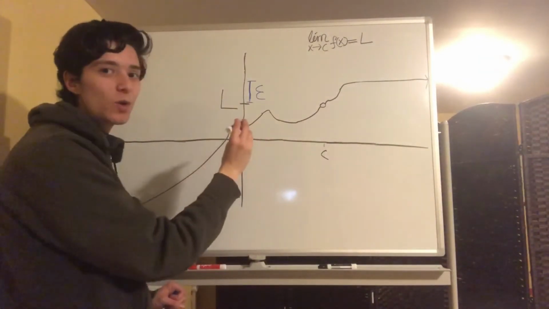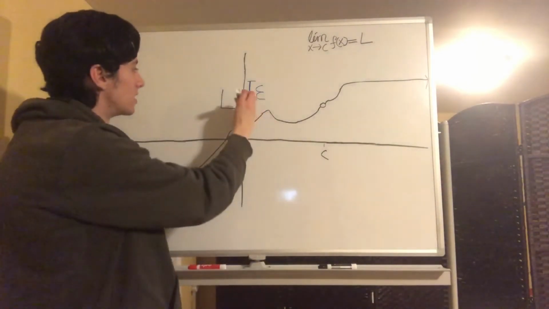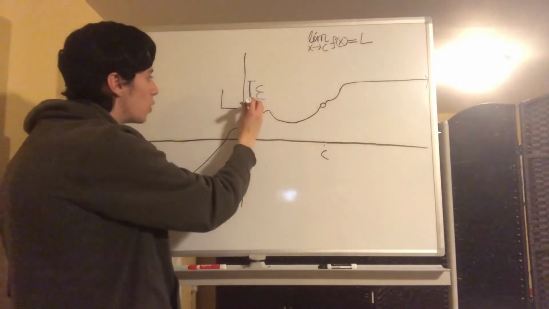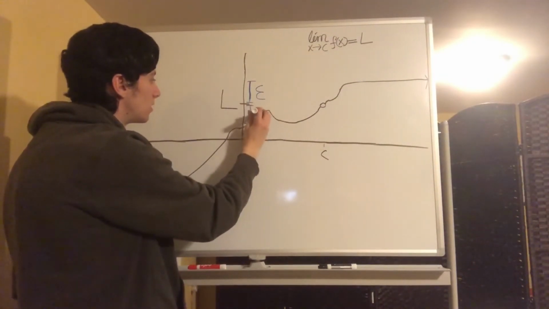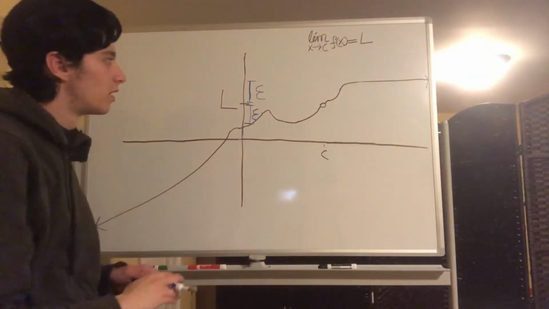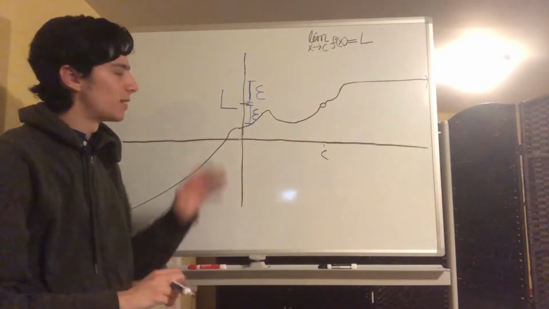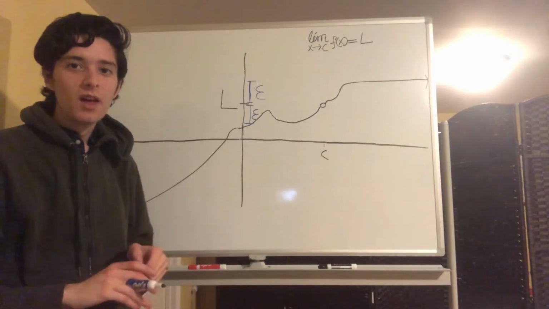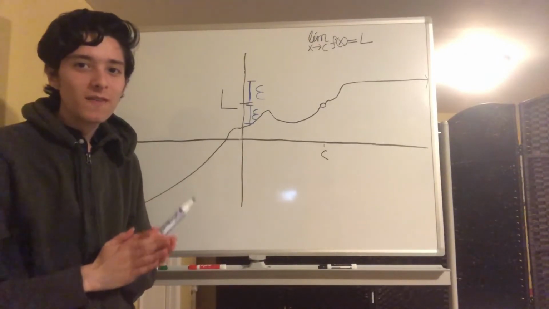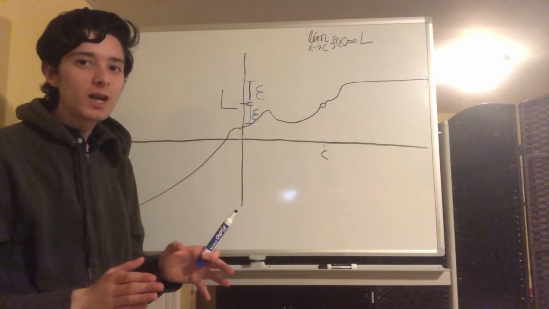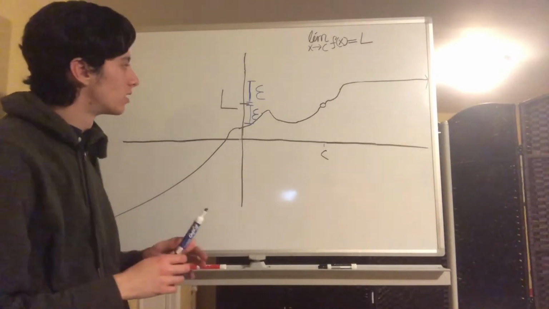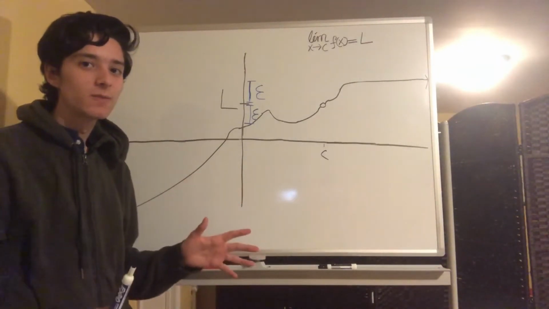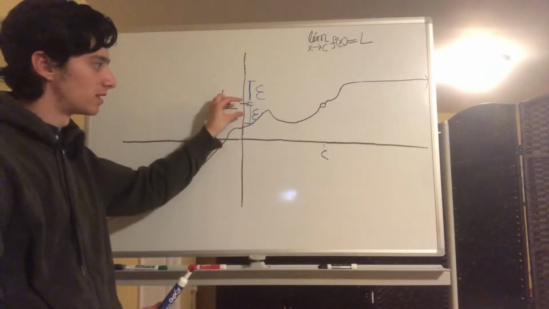And again, if it's going to be less than epsilon, it's going to be less than epsilon above or epsilon below. So we look at this and we say from here, can we choose values of x, right, such that all the values of x that we choose have f of x values that are within this epsilon.